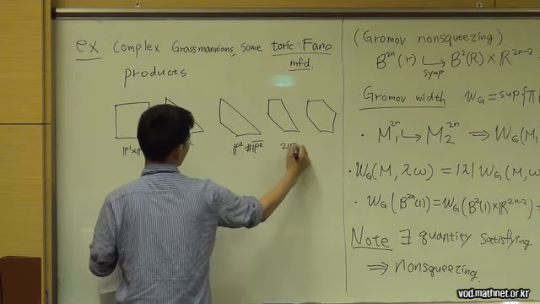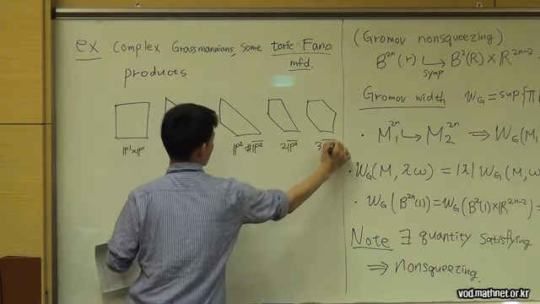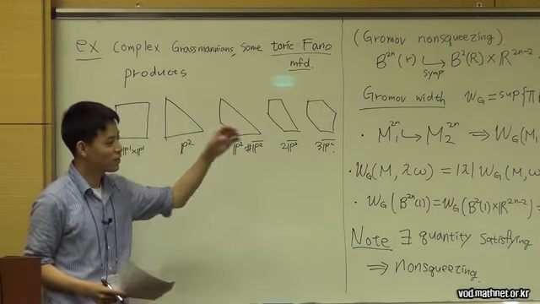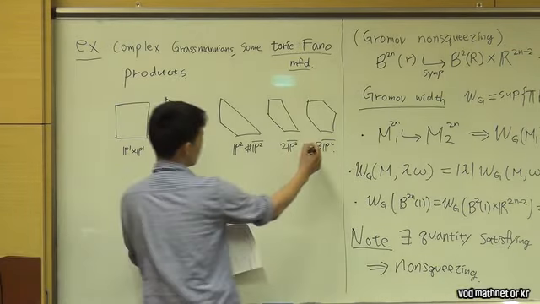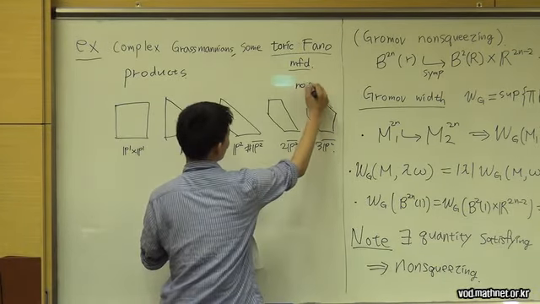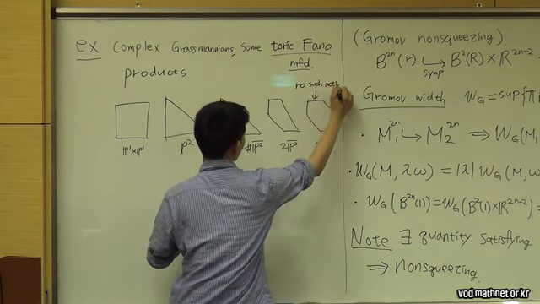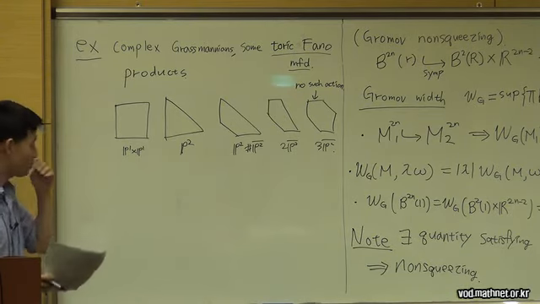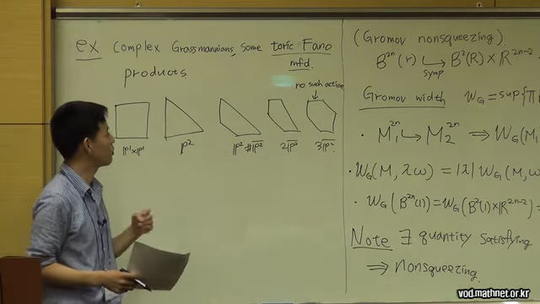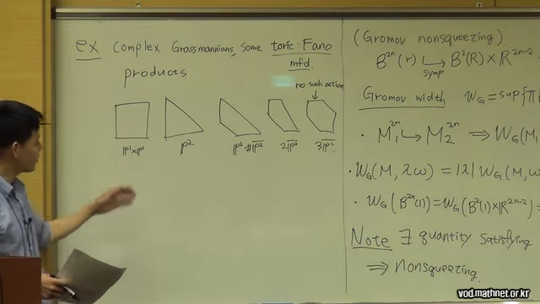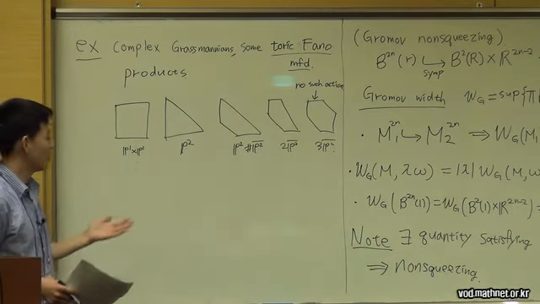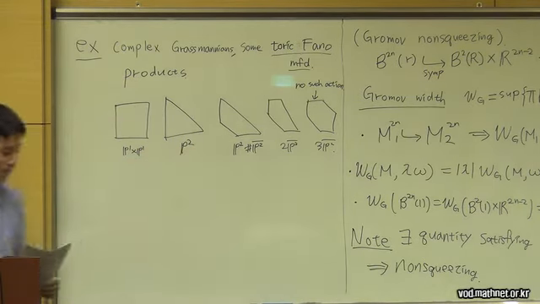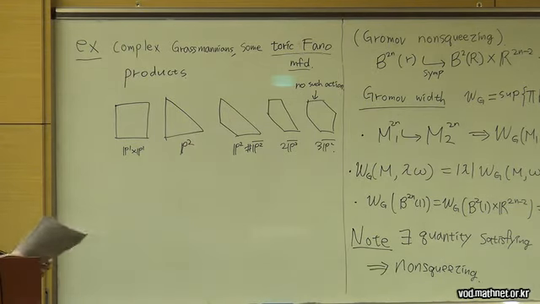For the first four cases, there is such an action, but for this one, there is no such action. So we couldn't compute the Gromov width of general toric Fano manifolds, and as the dimension goes higher, there are more examples that don't have this action. So we need another method.